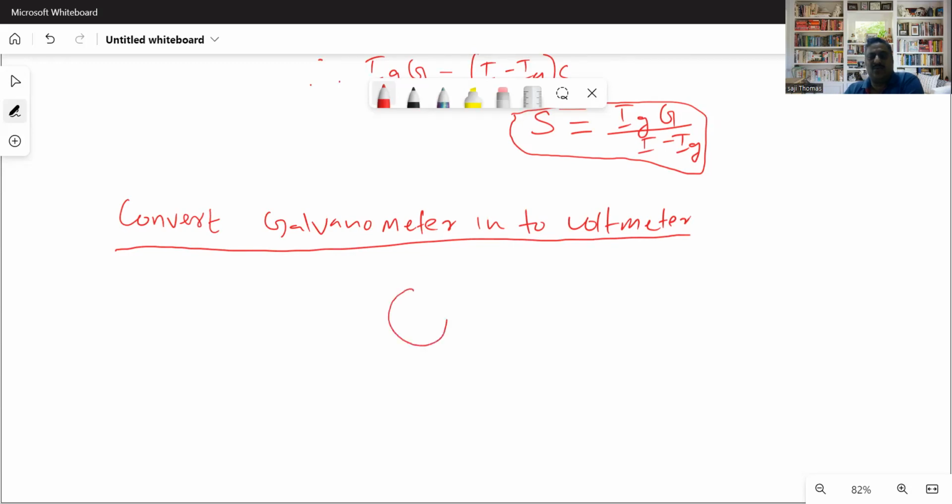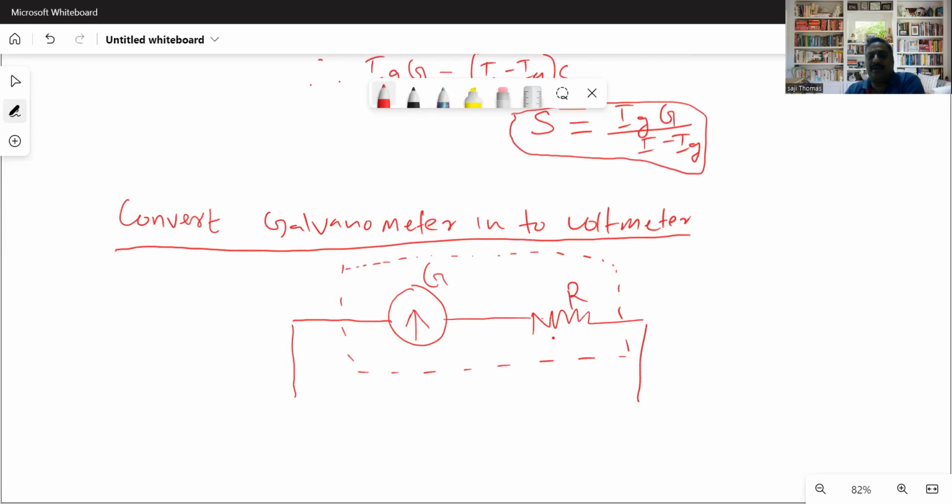So, this is a galvanometer, resistance is G. You connect a high resistance in series with it. So this arrangement becomes a voltmeter. Galvanometer plus high resistance together, that is why I am putting it in a dotted box. This is the voltmeter. Suppose the voltage across the voltmeter is V.